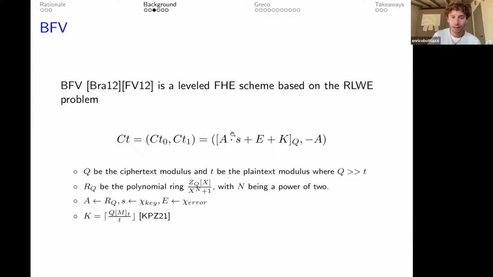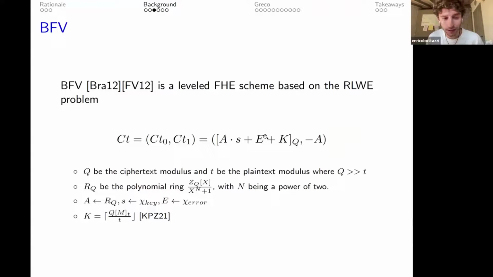Something also new in this notation is this Q, which is the ciphertext modulus of the polynomial ring. The one that was 13 before, now we set as Q. And this is the definition of the polynomial ring. We also specify how we get these A, S, and E polynomials.